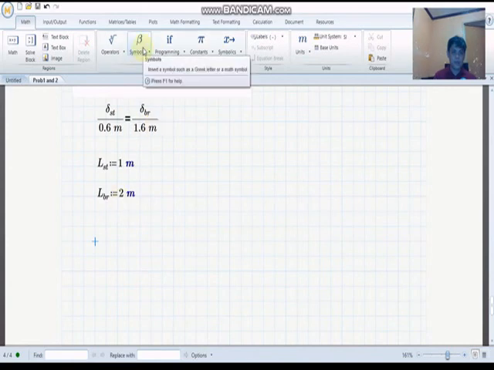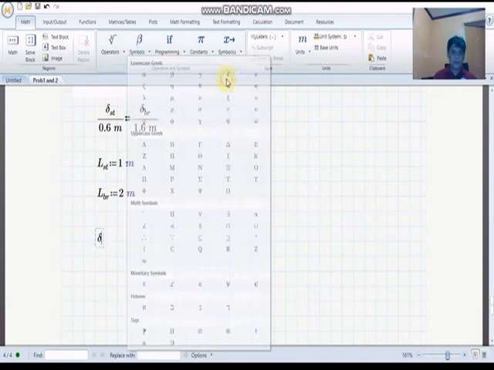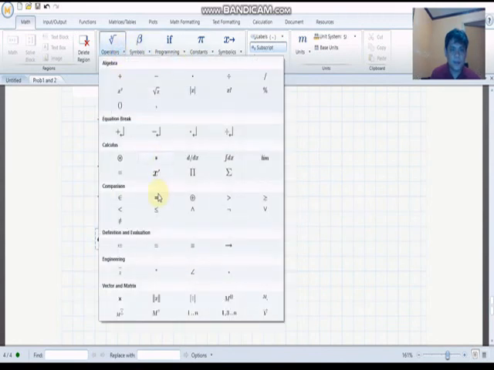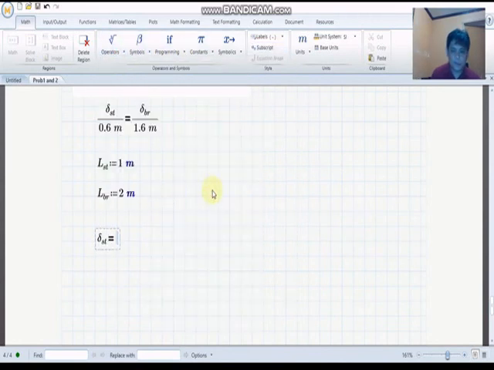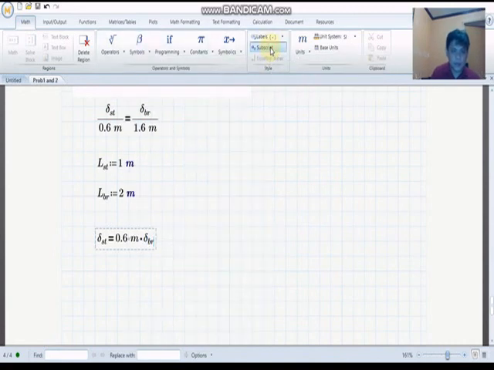So we have here steel now equivalent to 0.6 meters times the deformation in the bronze divided by 1.6 meters.